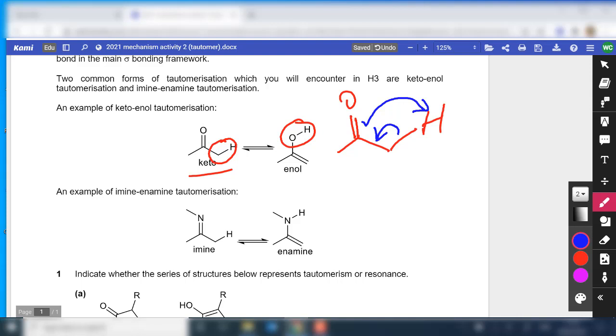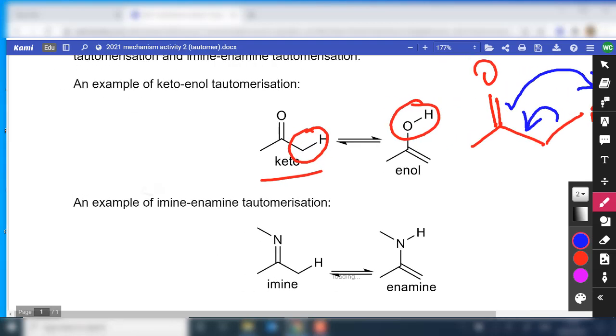Okay, so without making things a little bit complicated, let us just emphasize that for tautomerism to occur, you need to have the necessary condition. So it's actually either acidic or alkaline condition. Okay, so maybe just let me illustrate a little bit on the left hand side. In acidic condition, the first thing that will happen is your ketone will be protonated.